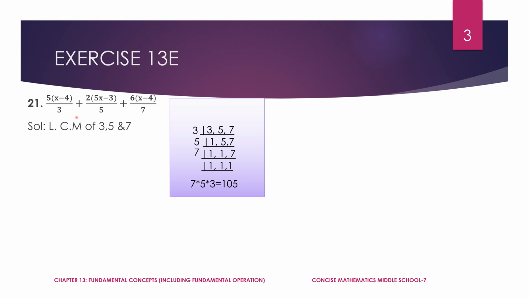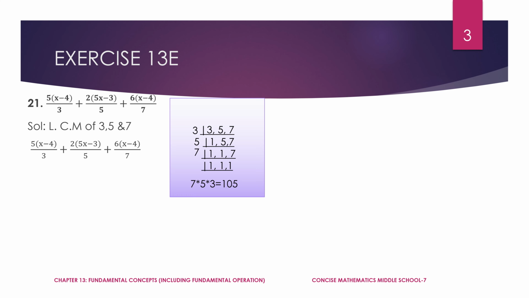Now you need to make the denominators into 105. To make it, which number should you multiply? See here children, I will give you a small hint, because it is a big number, 105. Here what you have is 3, right? So with 3, which number should be multiplied? You might get confused, right?